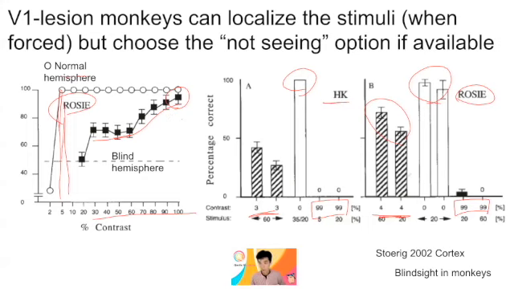There was a case here where it seems she pressed the button for the presence of the stimulus. But anyway, almost always they deny seeing things. So it's a quite reliable replication of the blindsight phenomenon in monkeys.